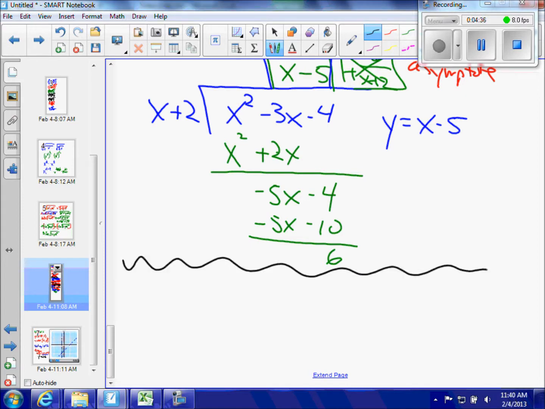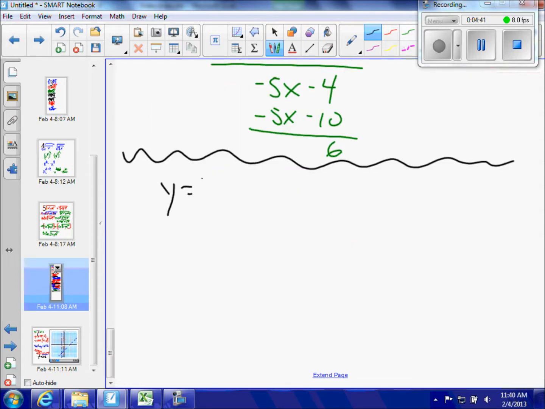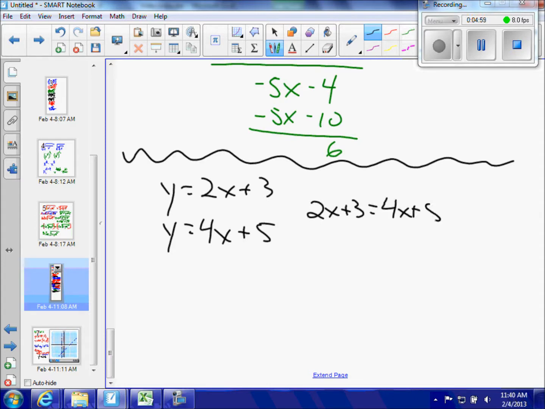I'm going to separate this off right now. But if I had the equation y equals 2x plus 3 and y equals 4x plus 5, and I wanted to know where they intersected, I would set them equal to one another. So I would go 2x plus 3 equals 4x plus 5.